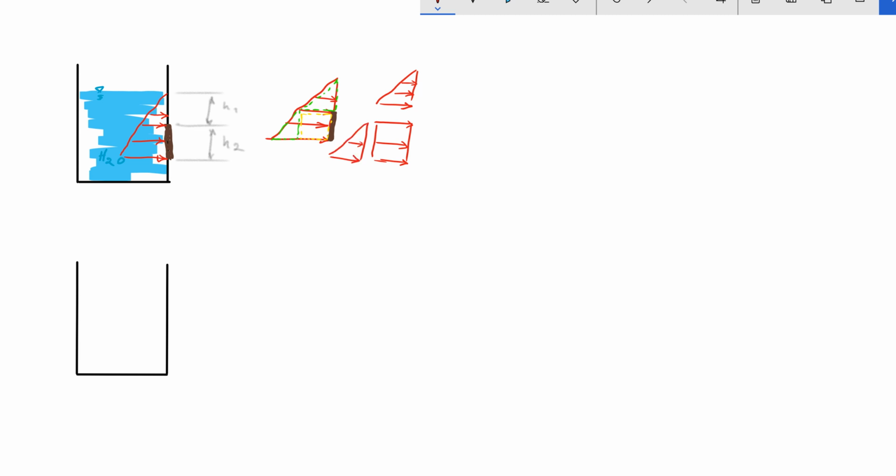Okay, let's calculate the first part. So the force for the first piece, the resultant force is going to be here, and I'm calling it F1.